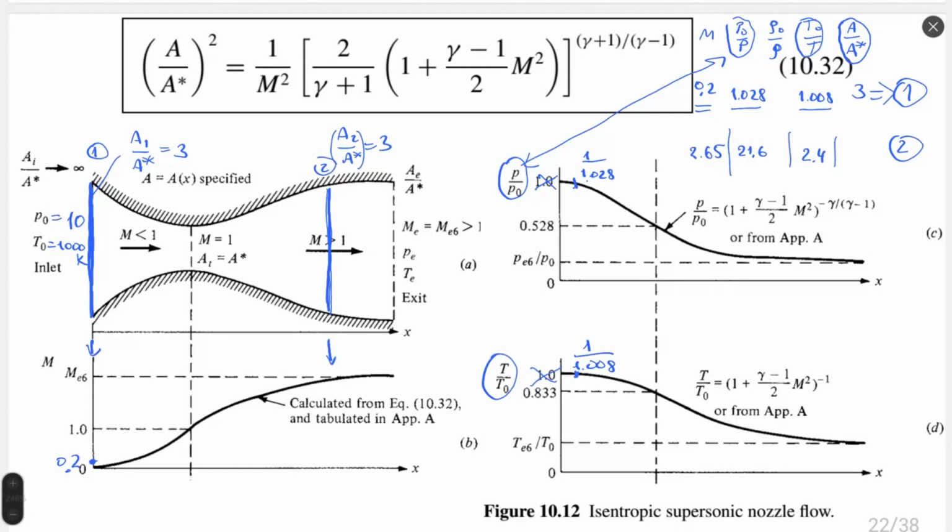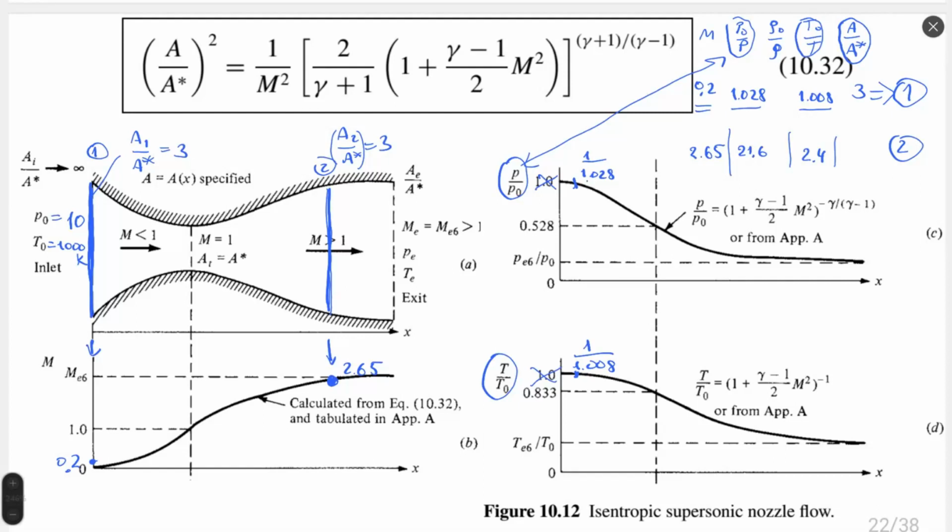It means that stagnation temperature is 2.4 times bigger than the static temperature, and stagnation pressure is 21.6 times bigger than static pressure. To put in this graphic, we need to reverse this function, to reverse this value. And I will put somewhere here, this point on figure B, Mach number 2.65.